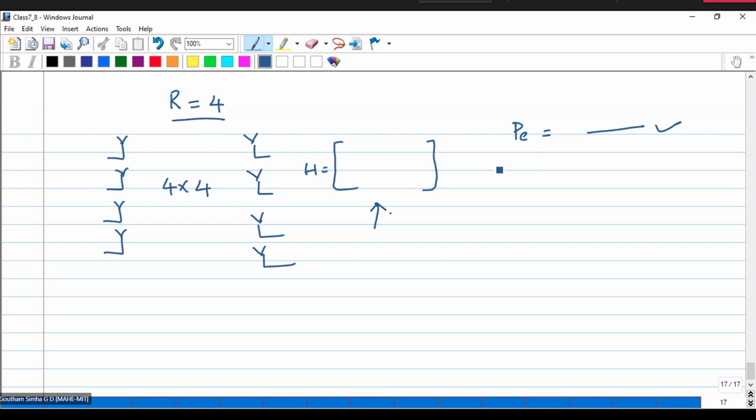Suppose my rank is, let's say, 1 for a 4 cross 4 system. It means that of these 4 rows, the number of linearly independent ones is one, so one row can be represented with the other 3 rows, isn't it so? When does this scenario happen?